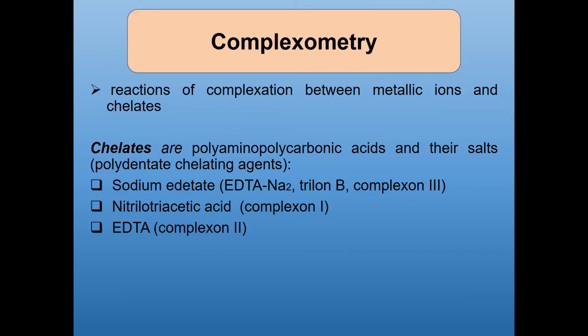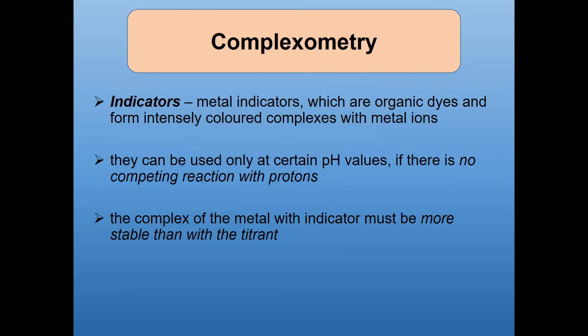Complexometry uses reactions of complexation between metallic ions and chelates. Chelates are polyamino polycarboxylic acids and their salts. You can see names of some chelates. Indicators are metal indicators, which are organic dyes that form colored complexes with metal ions.